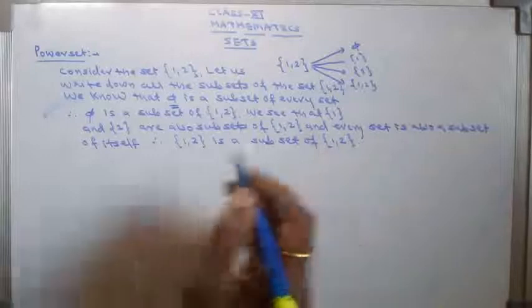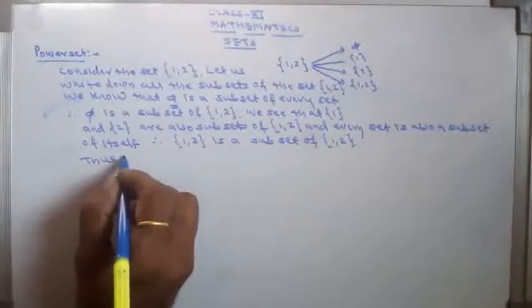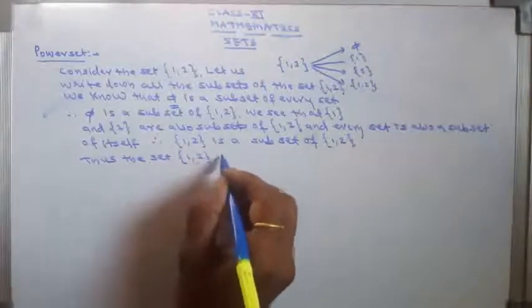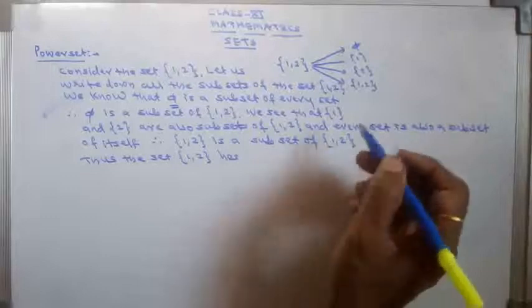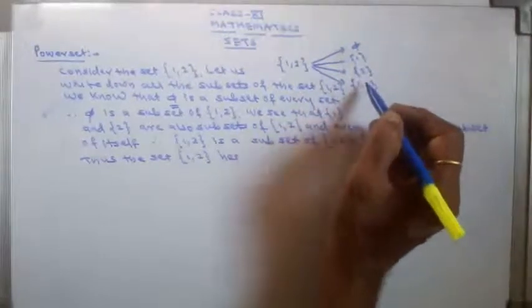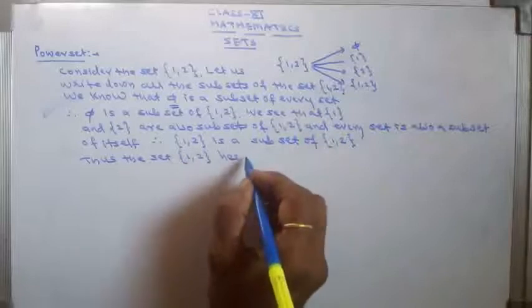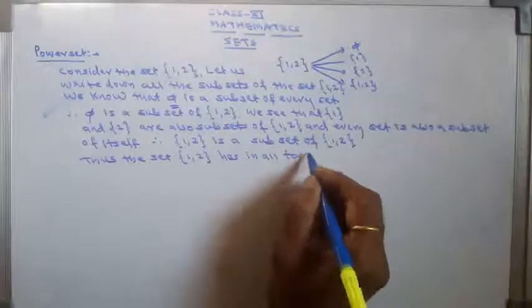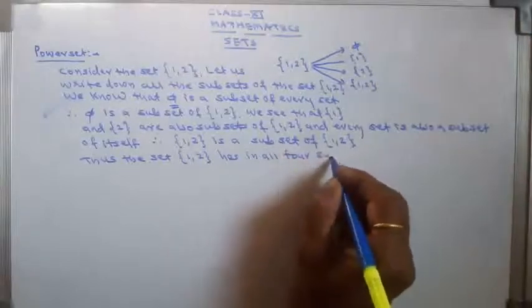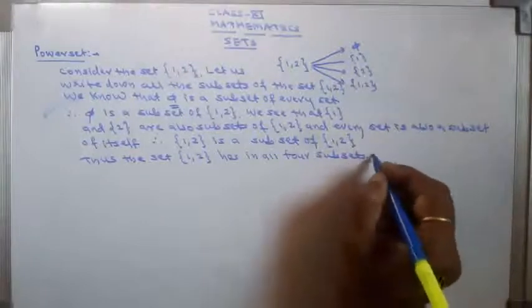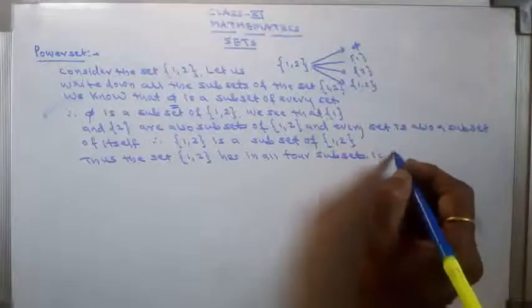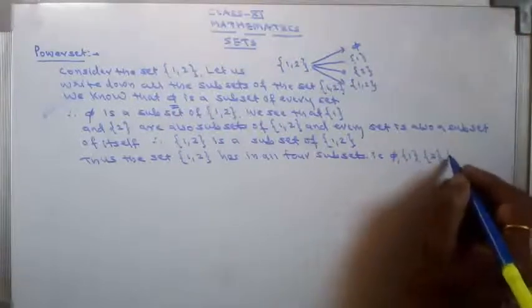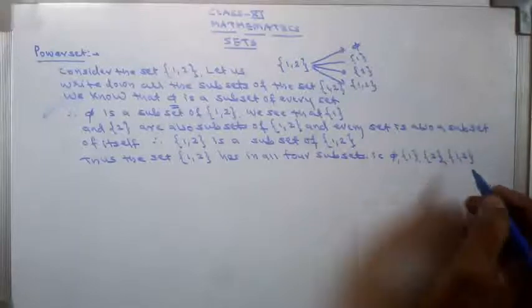Thus the set {1, 2} has in all 4 subsets, that is, first is ∅, then {1}, then {2}, and {1, 2}, right?